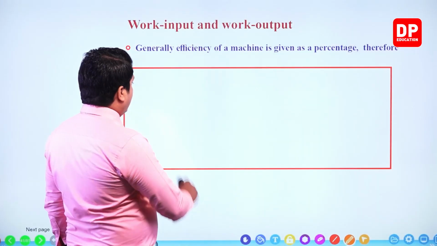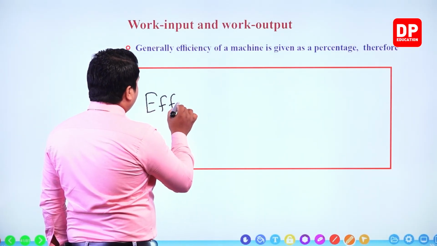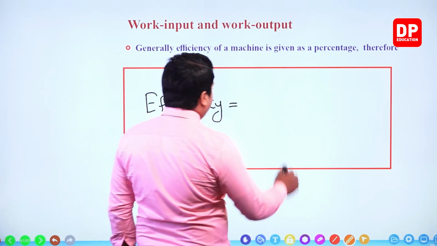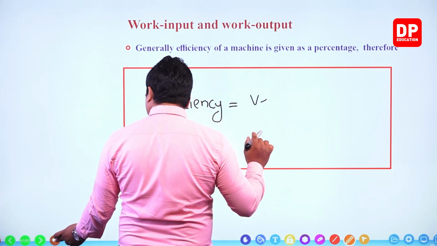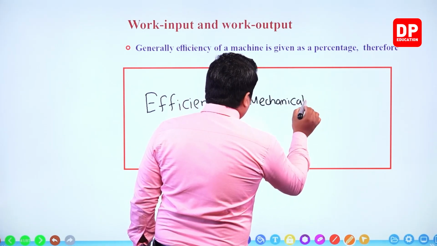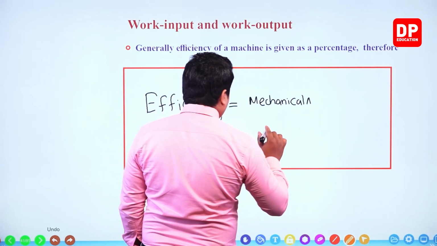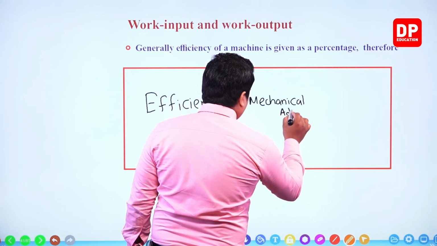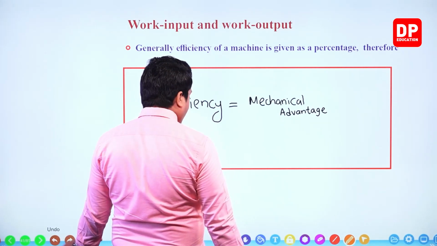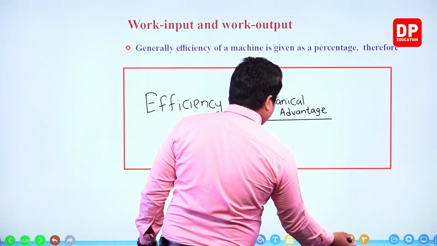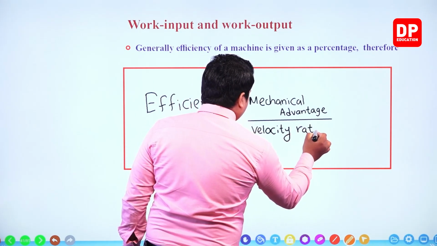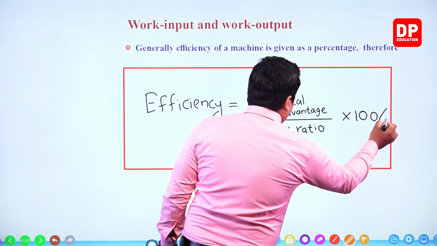So efficiency is equal to mechanical advantage divided by velocity ratio, multiplied by 100%.